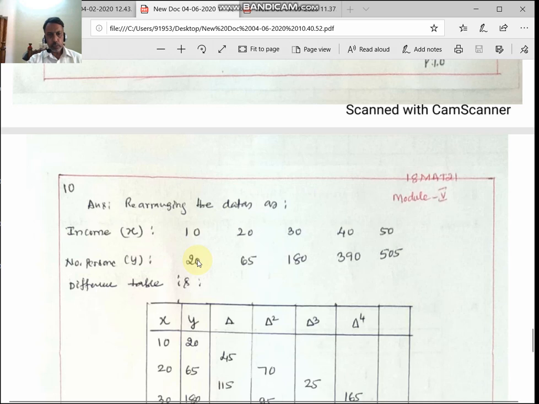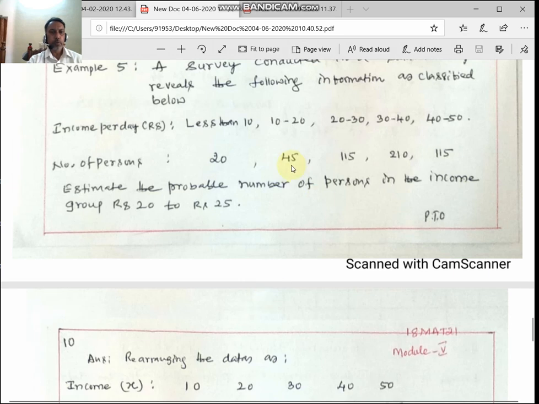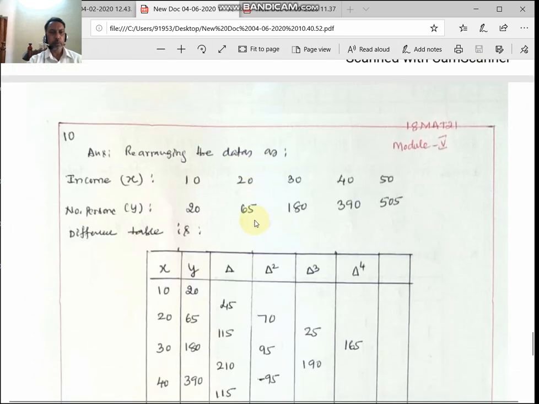Let us rearrange the data as number of persons earning rupees 10, 20, 30, 40, 50 rupees. So this row represents the rupees they are earning, and the second row, that is the number of persons who are earning less than 10 rupees is 20, less than 20 rupees is 65. 65 comes from the cumulative addition, 45 plus 20 is 65.